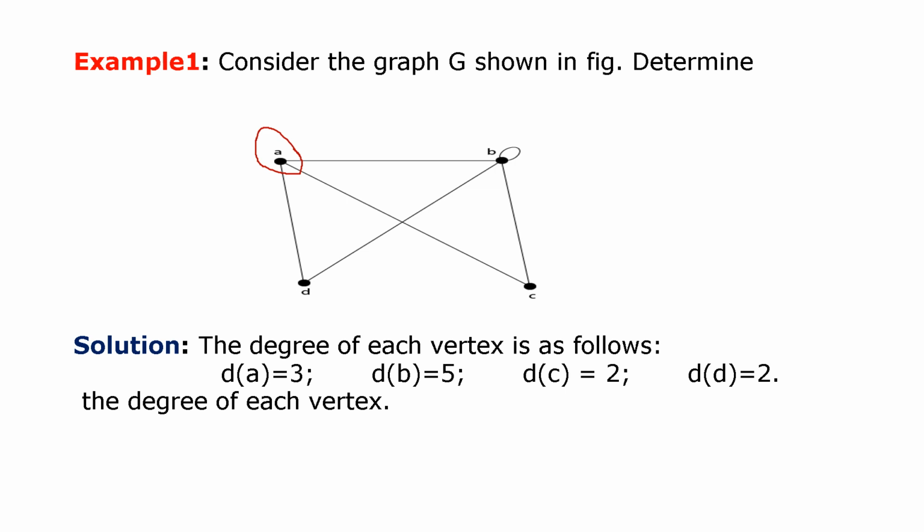As we studied earlier, self loop is counted twice. So degree of B is equal to 5. For vertex C, we count edges 1, 2. Degree of C is equal to 2. And for D, 1, 2. So degree of D is also equal to 2.